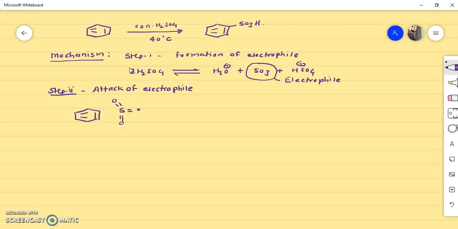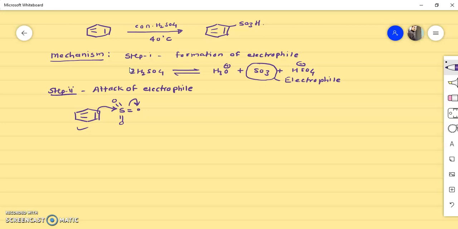This SO3 is the electrophile, which means it is an electron-deficient species, and benzene is electron rich due to the presence of 6 pi electrons circulating inside the ring, which makes benzene nucleophilic in nature. So these pi electrons will attack this electrophilic sulfur, and one of the bonds will shift like this.